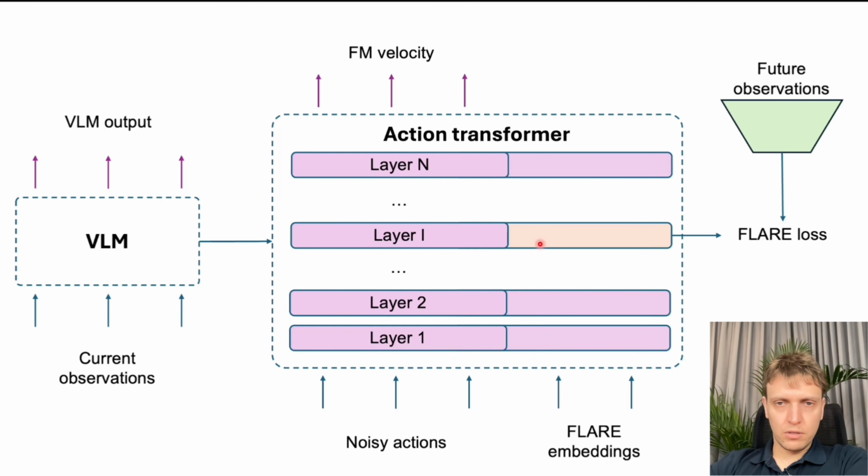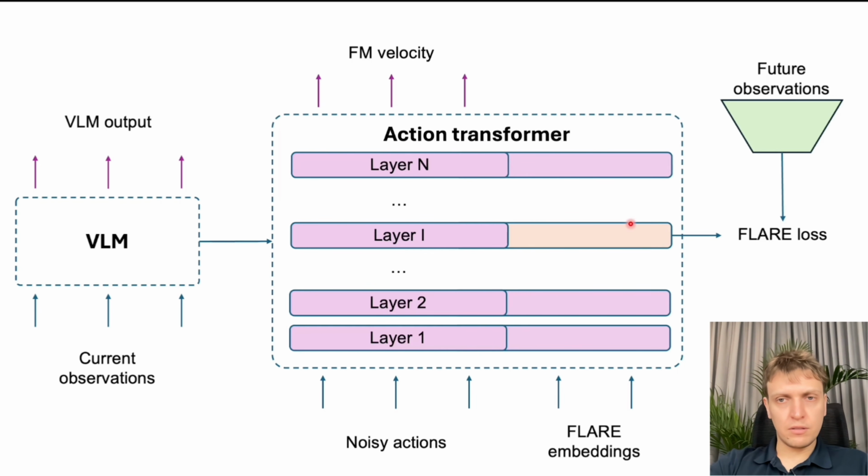Then they took the internal representation of these input vectors from one of the internal layers of the transformer and used it to predict the future observations. Then they took the future observations, passed them through some backbone, and compared this latent representation of the future observation versus what the model predicted, and used it as an additional loss to train this transformer. So again, they don't really change anything in the weights. It's still the same transformer, just more inputs.